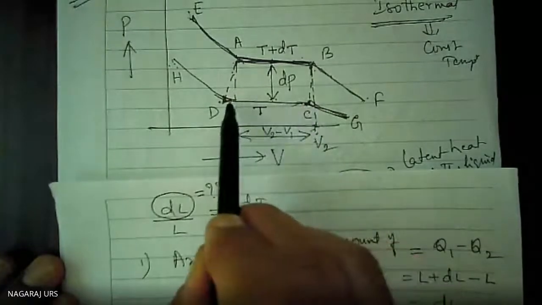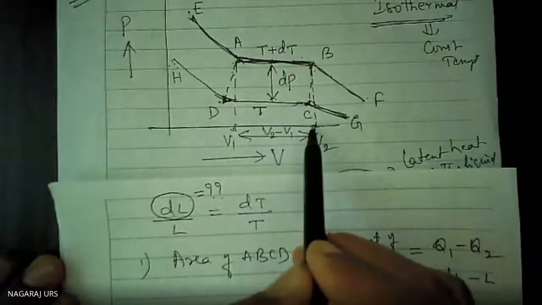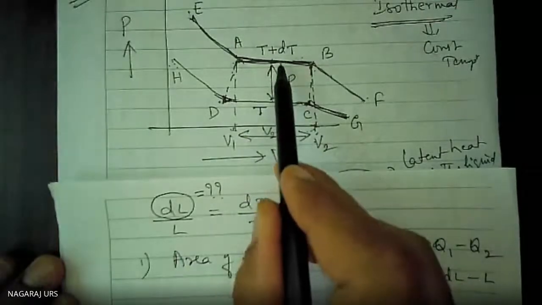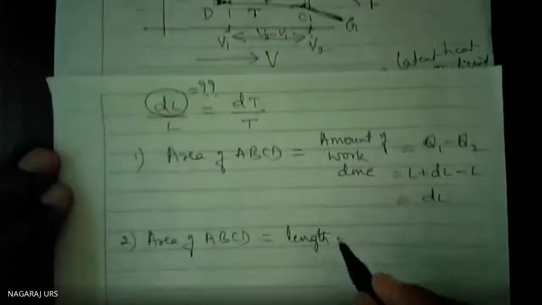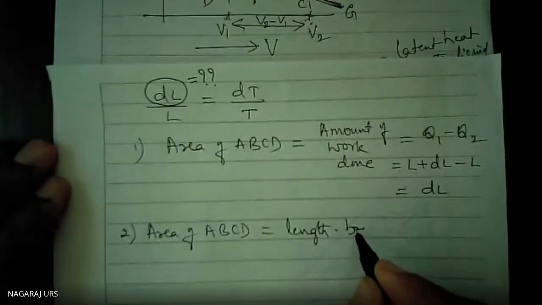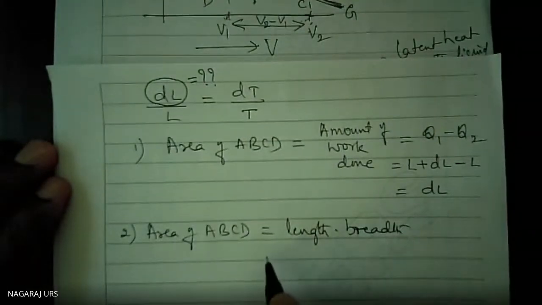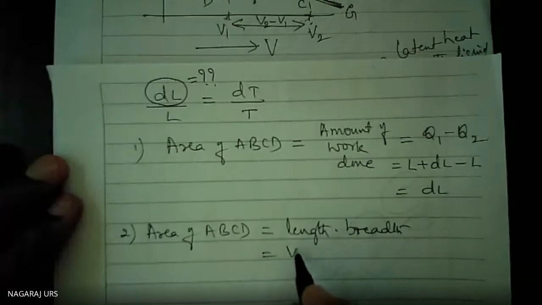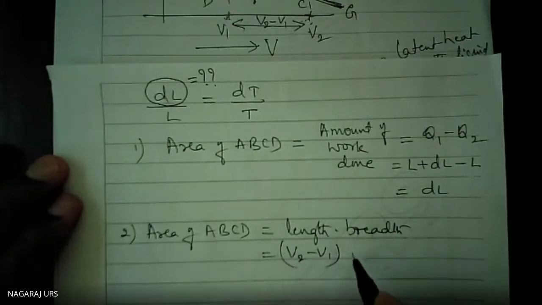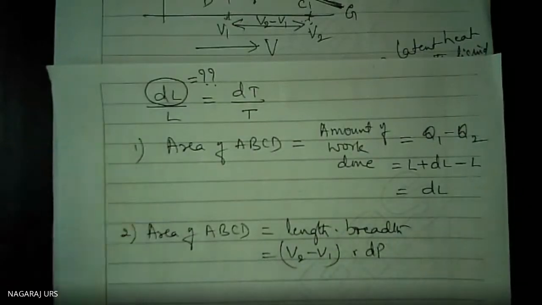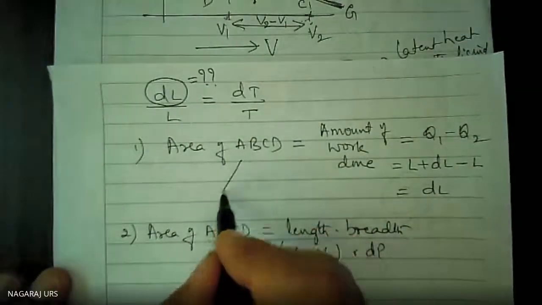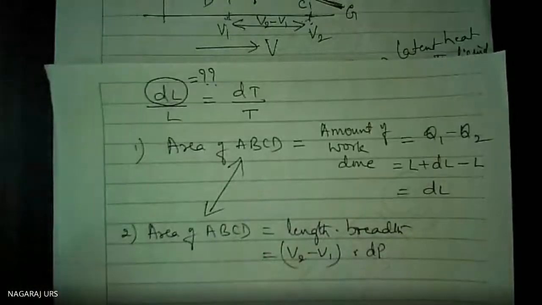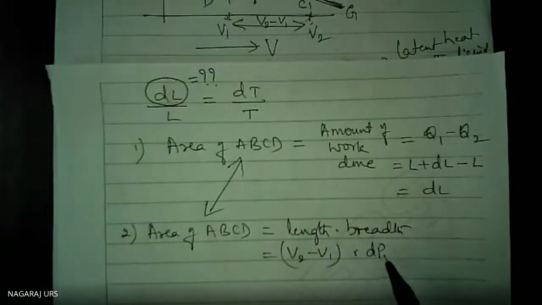Breadth is equal to dP. Multiply those two and you get the area of ABCD. This is also the area of ABCD, and this is also the area of ABCD. Therefore, I can equate these two.